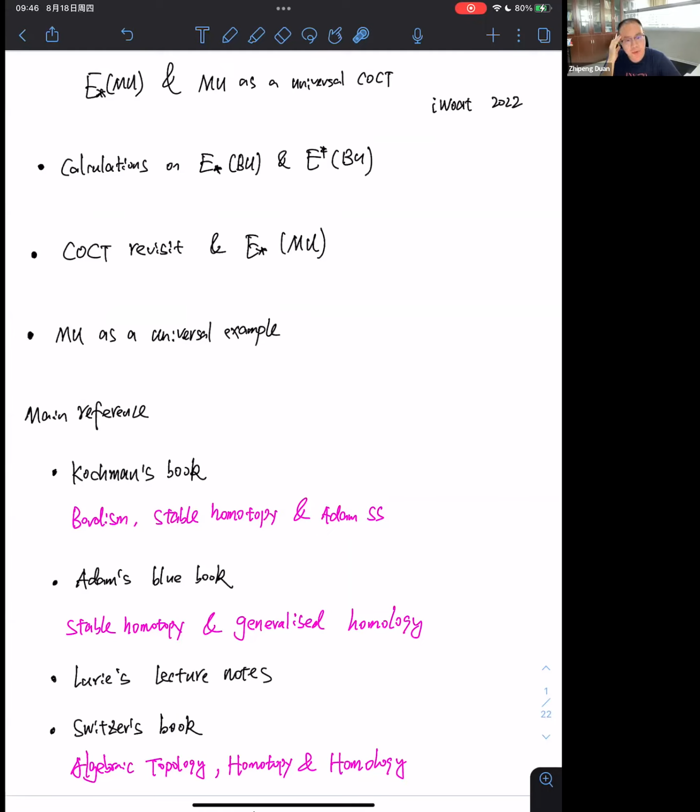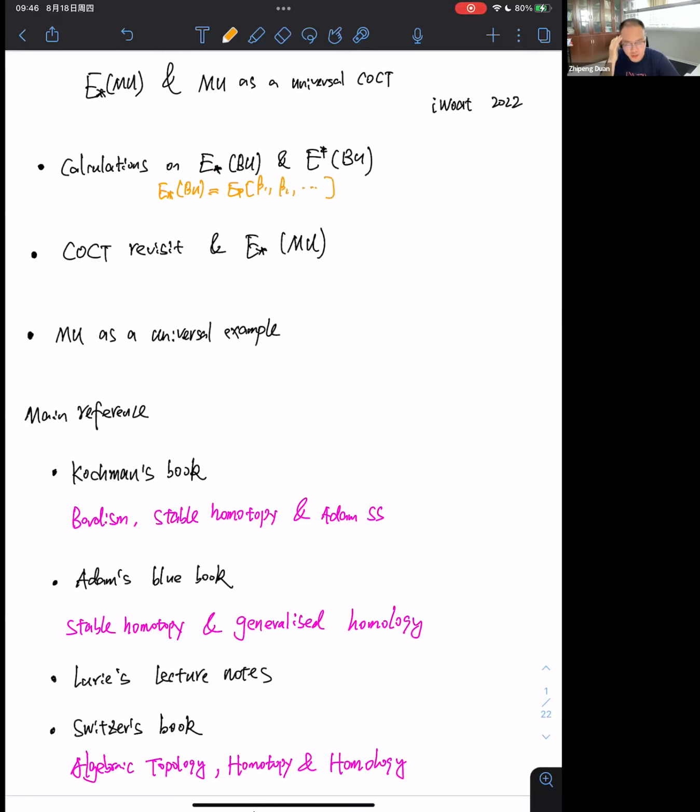My talk will separate into the following 3 parts. We'll first try to calculate the generalized homology and co-homology of the classifying space BU. The main result is that the generalized homology E star BU is a polynomial ring over the coefficient ring E star on generators beta 1, beta 2, and so on.